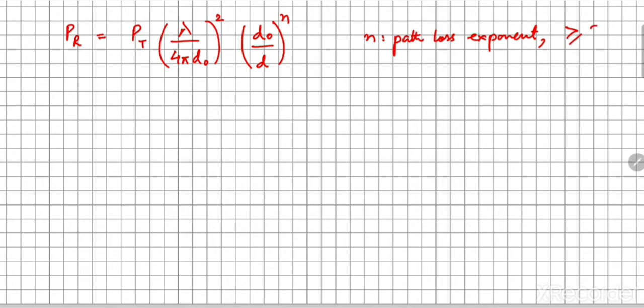Its value is greater than or equal to 2. D naught is referred to as the far field distance. Typically, D naught is tens of lambda.